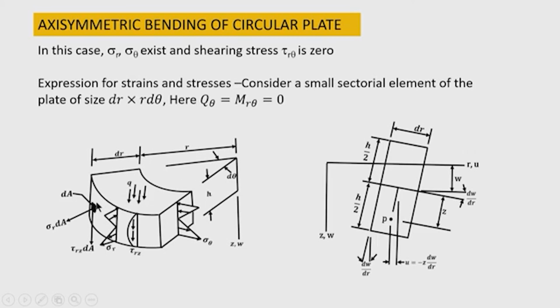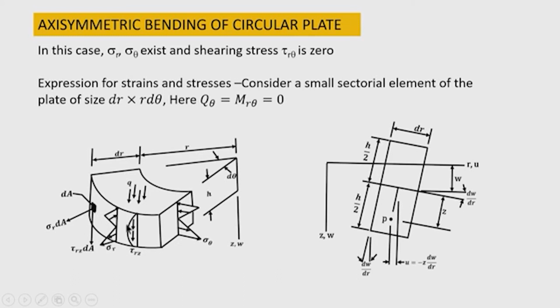You can see that at any element of the plate, the stress in the radial direction is sigma r. The force on the element will be sigma r dA, where dA is the area of the element. The shear stress acting along the edges will be 0, because in the axisymmetrical condition there will be no shear stress, but vertical shear stress tau r z will exist.